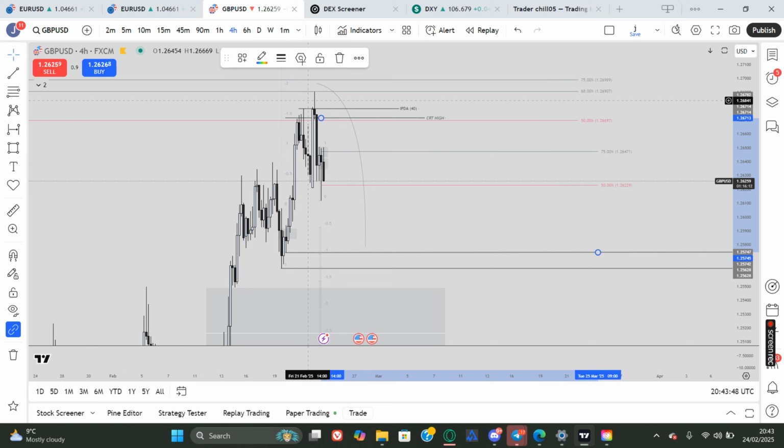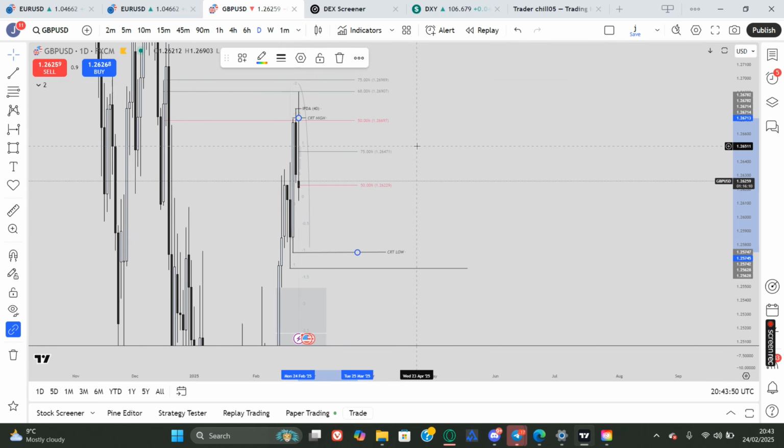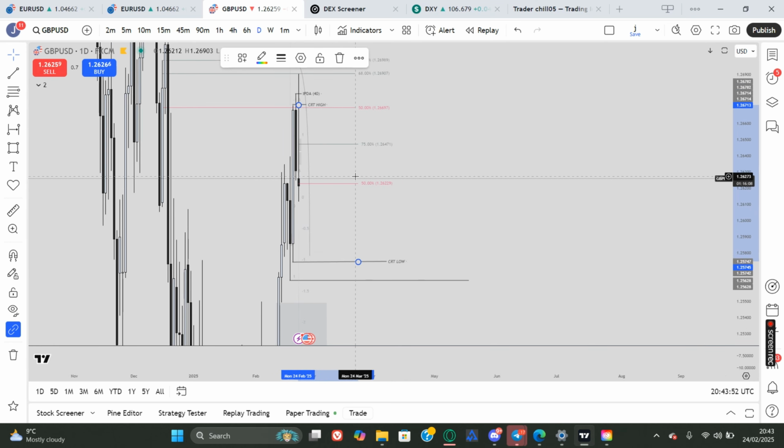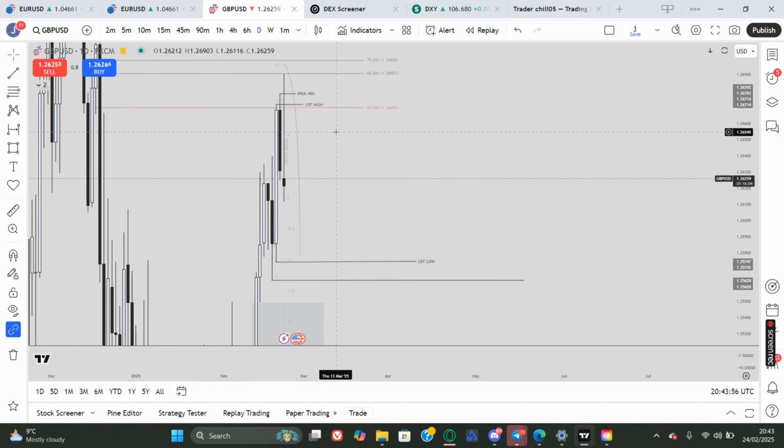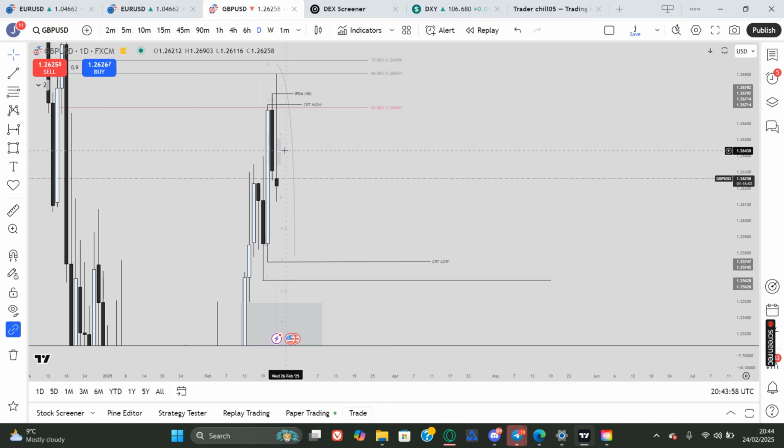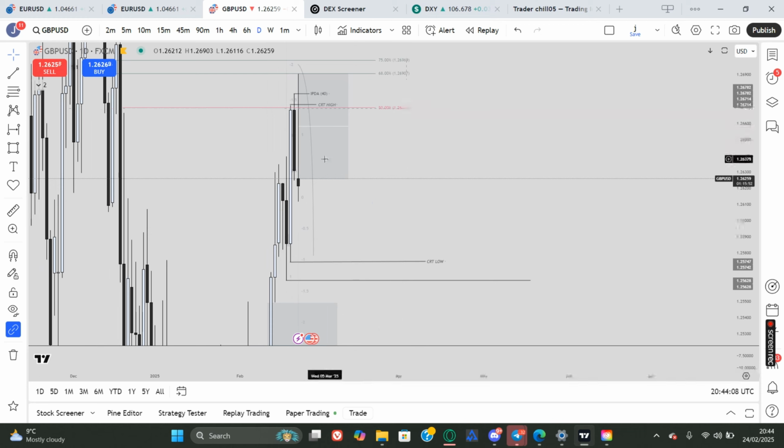So once again, we're going to be looking for a move into that wick, basically, right here, holding below the 50%, and then moving down to finish our market maker sell mode.